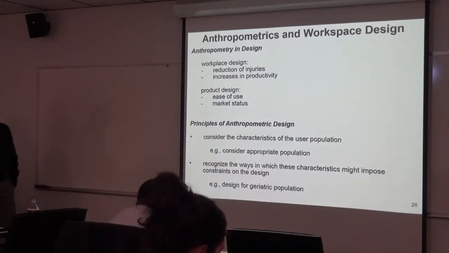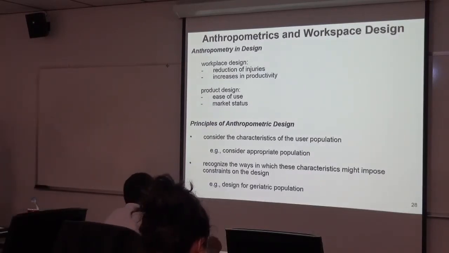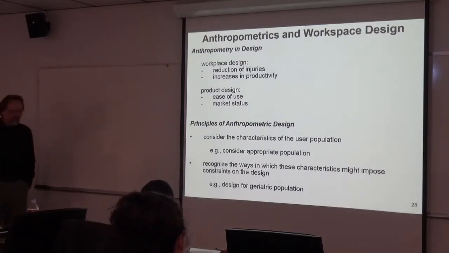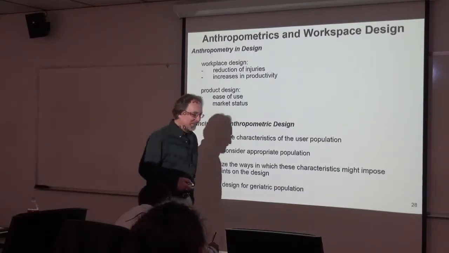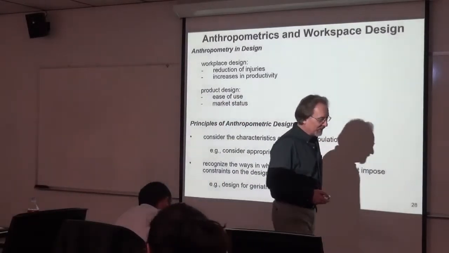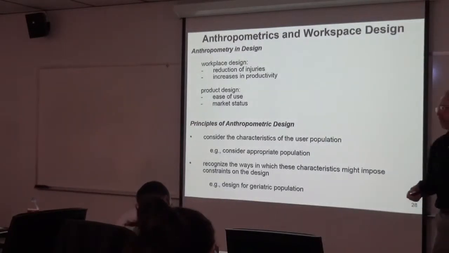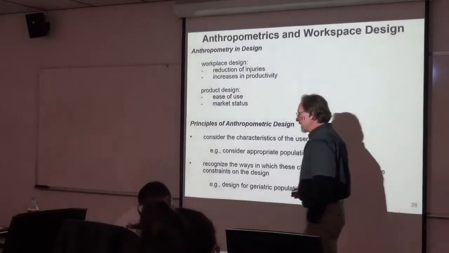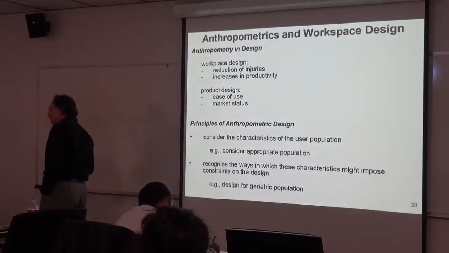So I already talked about some of this. When we're designing something, we can either design workplace or we can design products. My favorite example is Japanese cars in the 50s. What a disaster they were. That's good product design. And also it still works. If we're getting larger as a population, which we are, both in girth and in stature, then we have to design products that we can use more easily.